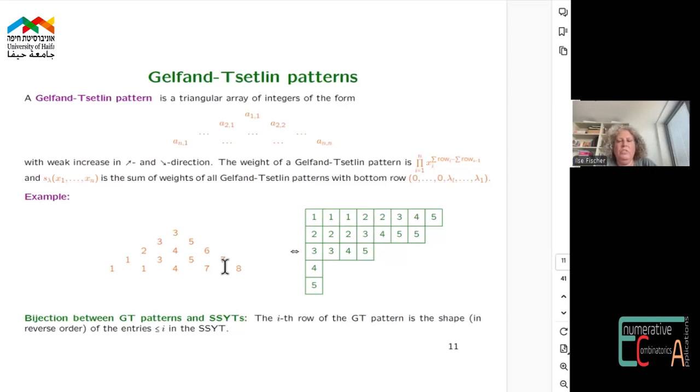If you read it in reverse order, it's 7, 5, 3, 1. Because you're in the fourth row, you have to look in your semi-standard Young tableau at all entries less than or equal to 4 and look at the shape. In the first row, there are 7 entries less than or equal to 4, which corresponds to the 7 here. There are 5 entries less than or equal to 4 in the next row. And here you see how this fourth row of the Gelfand-Tsetlin pattern arises as a shape of the semi-standard Young tableau. That indicates what the bijection is.